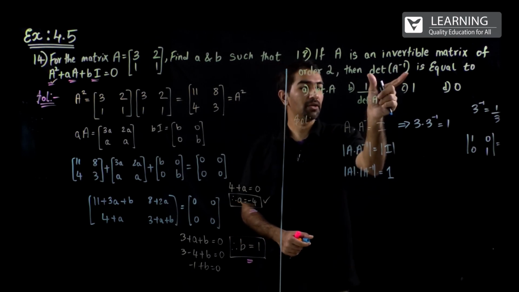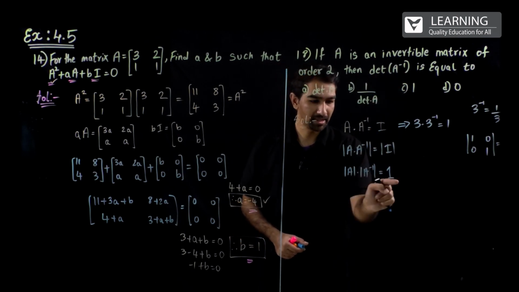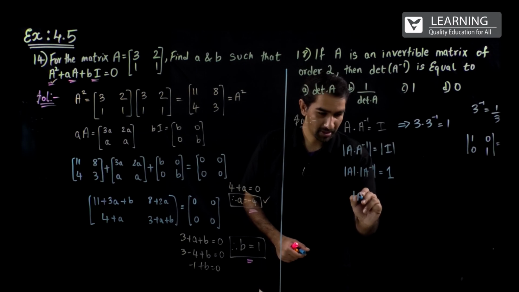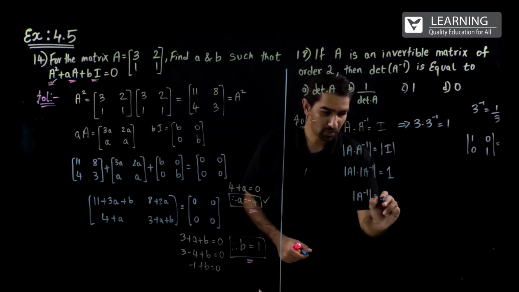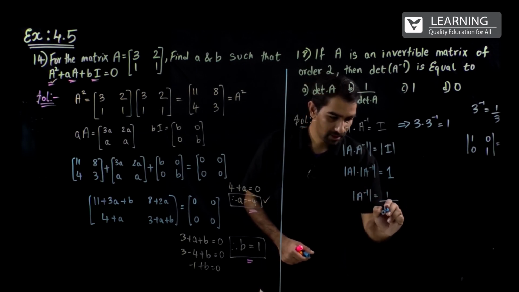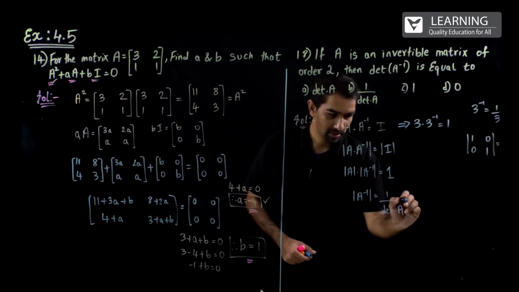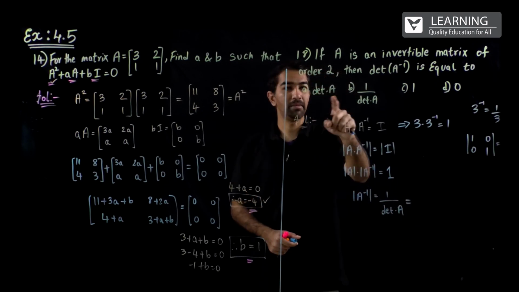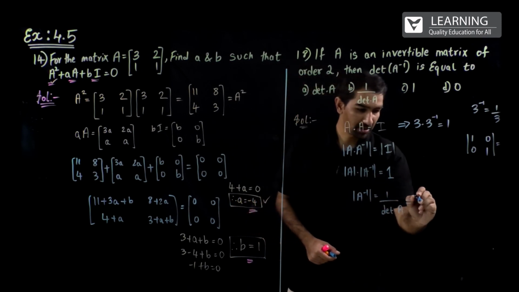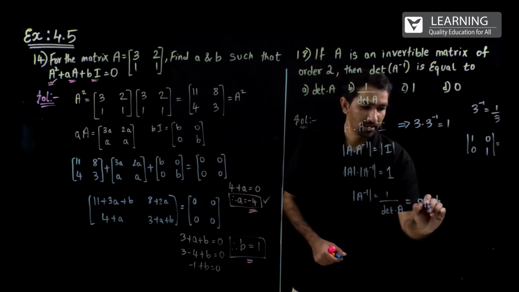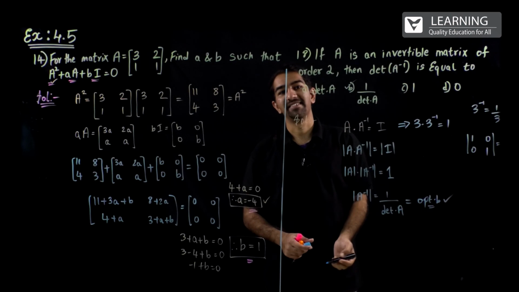We have to find out determinant of A inverse, right? Keep this here, send it on that side. So determinant of A inverse is equal to 1 by determinant of A. Is this option present? 1 by determinant of A, that is option B. So this is your right answer.